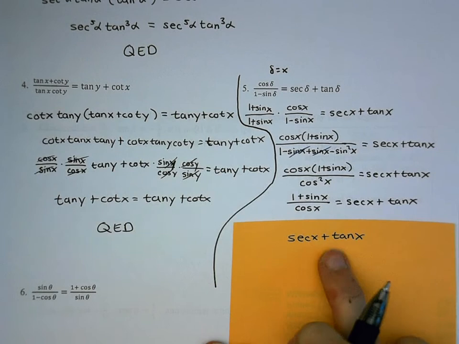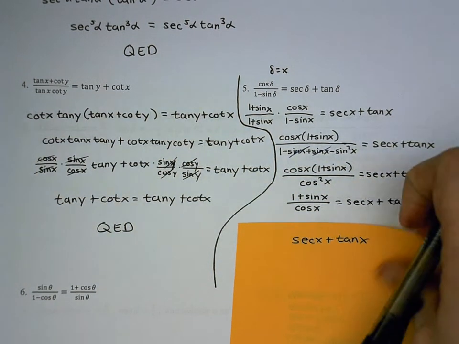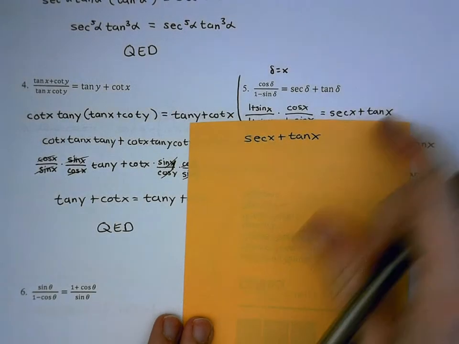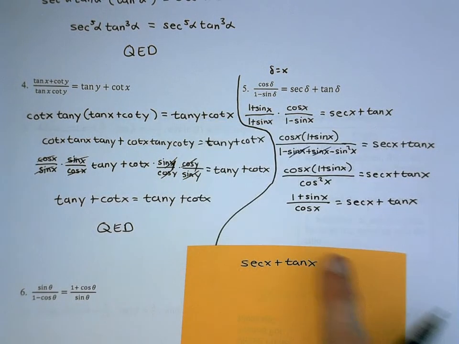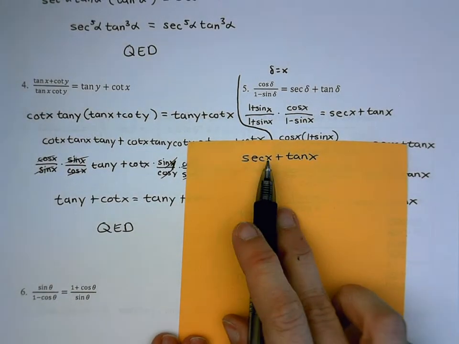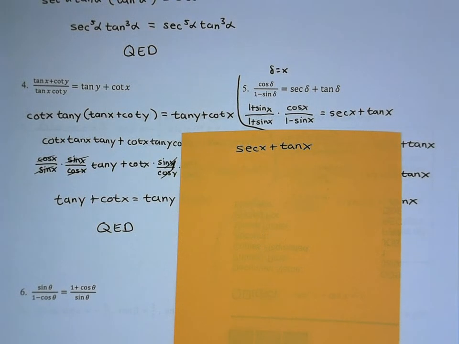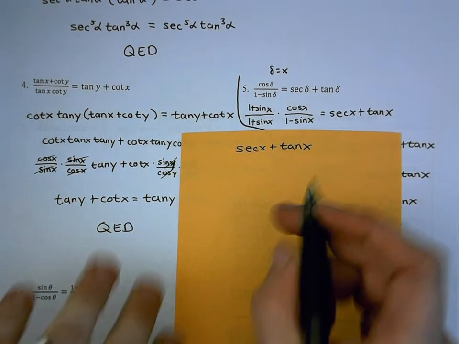Now again, we can't actually manipulate the right side on our proof, but it's okay if off to the side you try doing some manipulation to see, can I get it to be 1 plus sine x over cosine x? Okay, so what if we tried that just to see if that unlocked anything? What could we do to this secant x and this tangent x? Okay, well, we could use our identities, right?